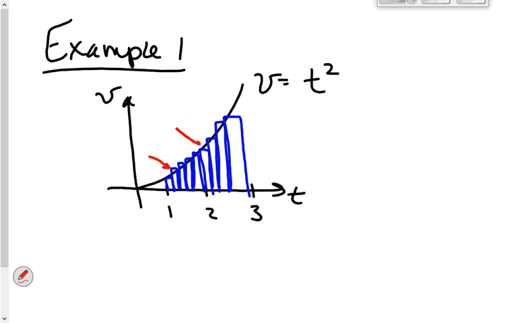And there are also places that contain area that's under the curve, but it's not inside any of the rectangles. So over here, I'm over-calculating, and over here, I'm under-calculating when I do my estimate by finding the area by making the rectangles.